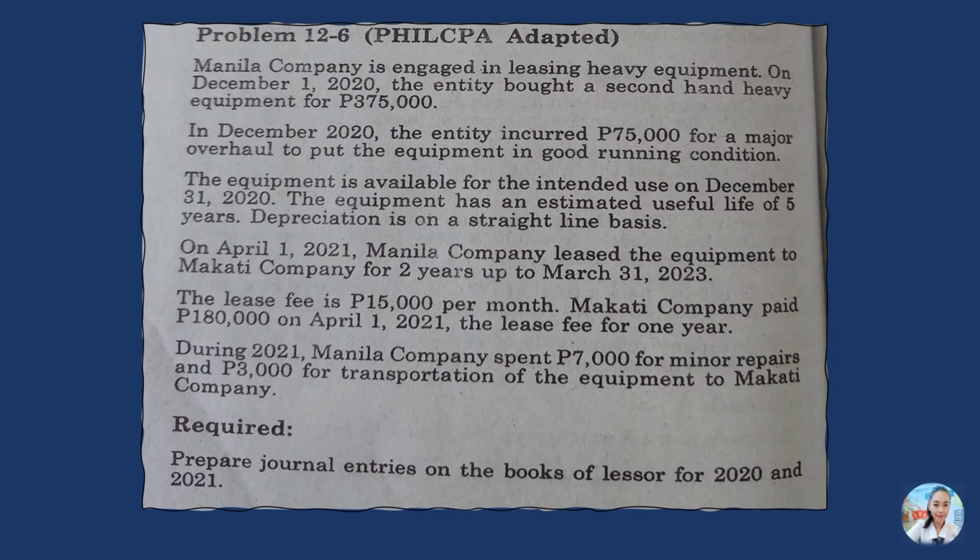So it is the lease fee for 1 year. During 2021, Manila Company spent 7,000 for minor repairs and 3,000 for transportation of the equipment to Makati Company. The requirement is to prepare journal entries on the books of the lessor for 2020 and 2021.